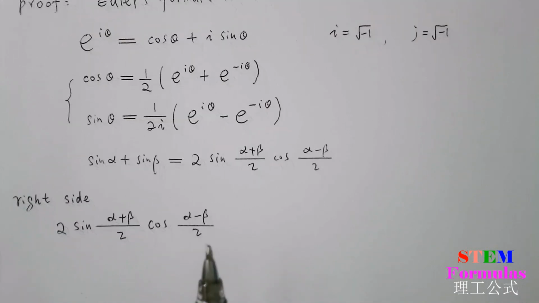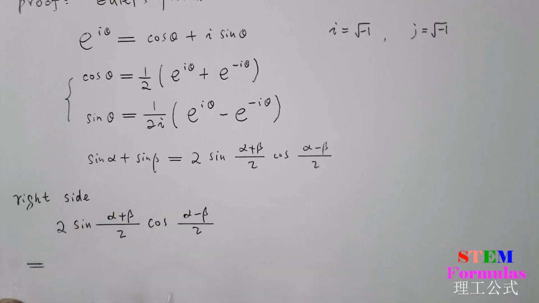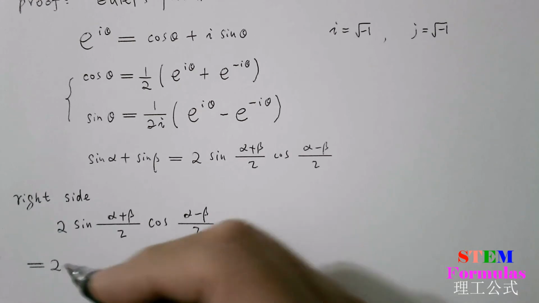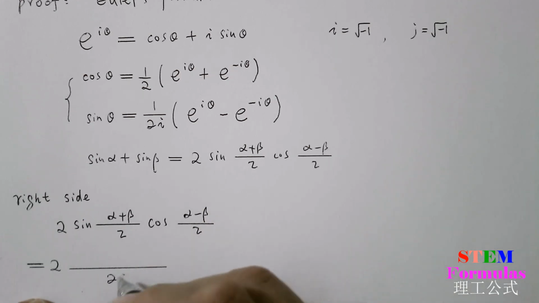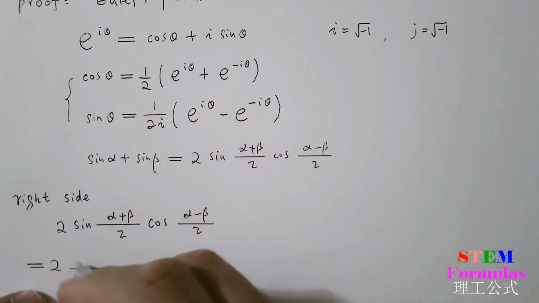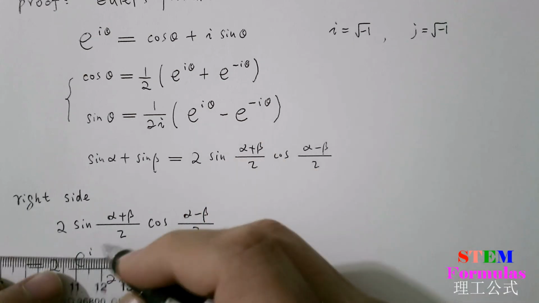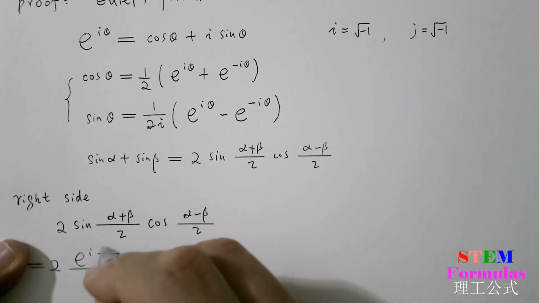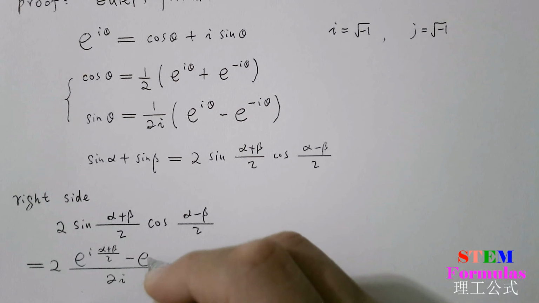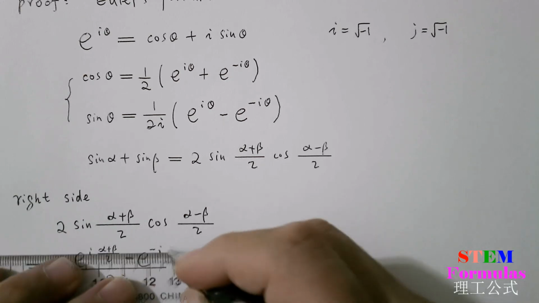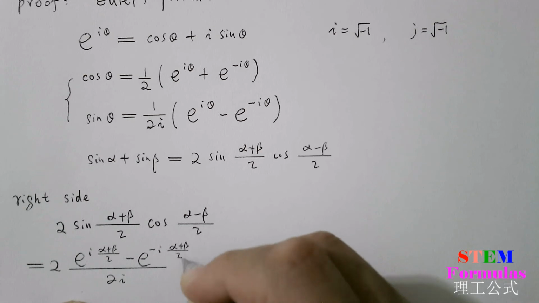So we have 2 times 1 over 2I times (e to the I (alpha plus beta) divided by 2 minus e to the minus I (alpha plus beta) divided by 2).